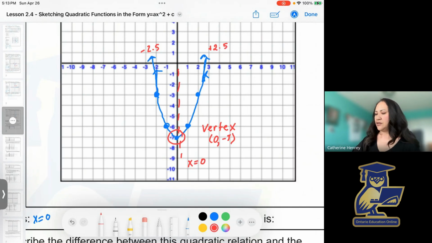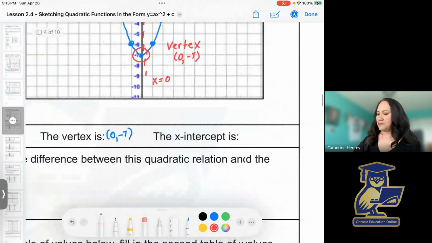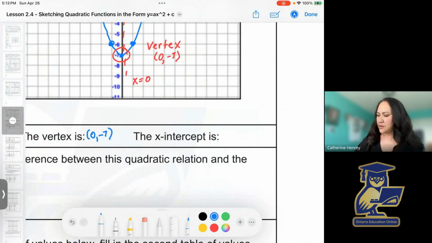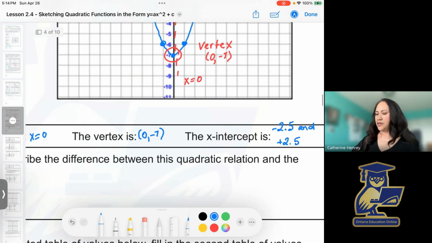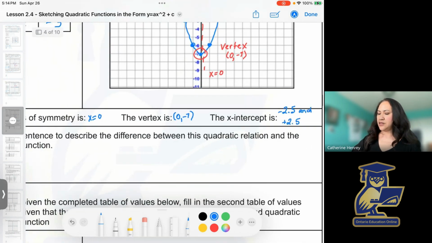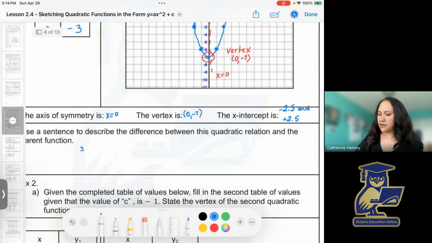So that's what I'm going to go down and write here: -2.5 and +2.5. And so how do we describe this one? This one is a shift down 7 units.